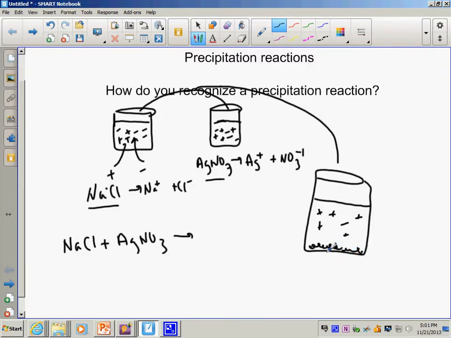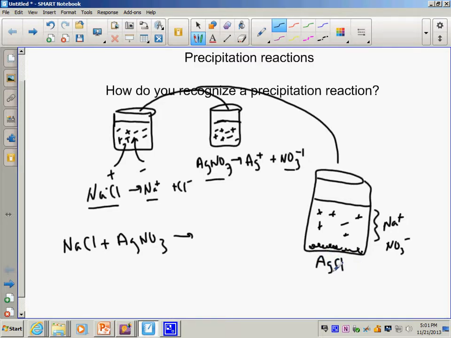By salt, I mean an ionic compound. In this case, the sodium ions will still be floating around, the nitrate ions will be floating around, but on the bottom will be the silver chloride.